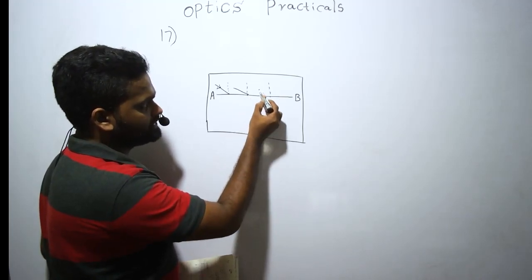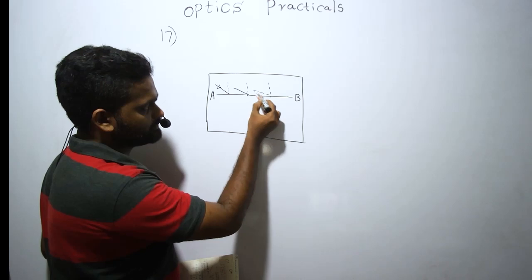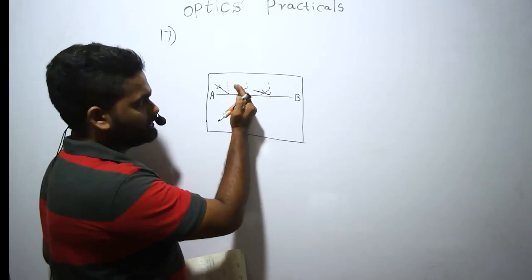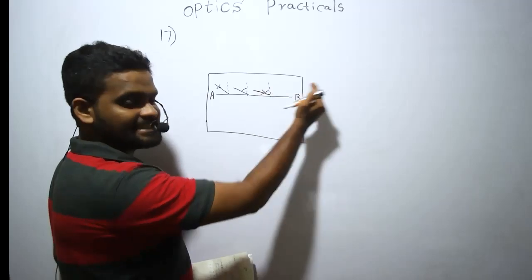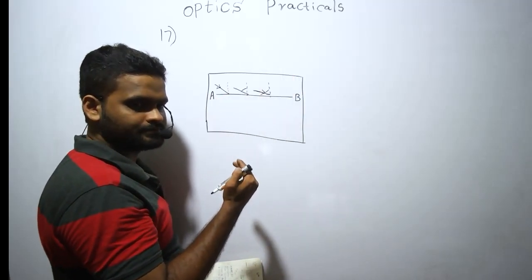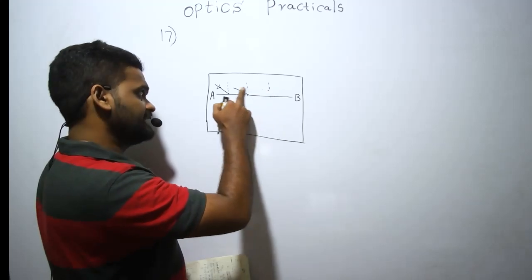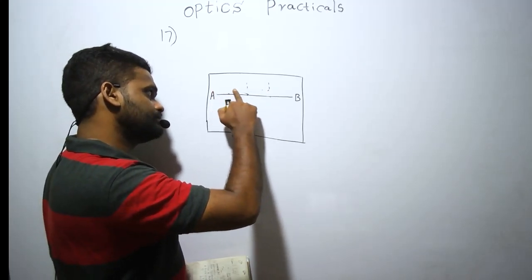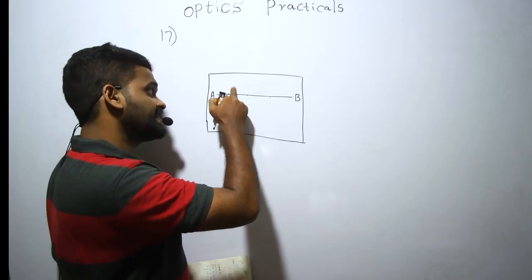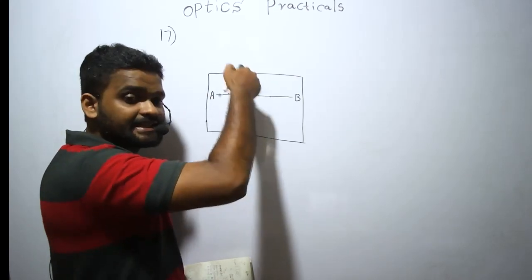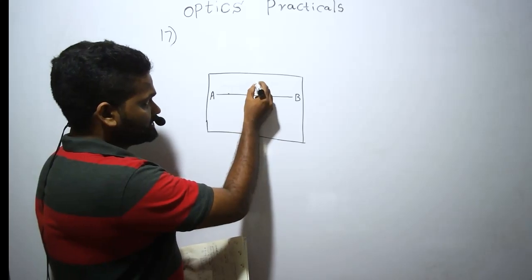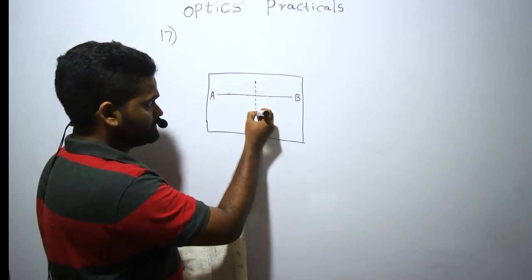You draw the normal, then draw 45 degrees. You just keep drawing these. For about 6 incident angles, you do the same thing. But here I'll explain how to do it for just one. As you are doing the experiment, you have to do this 6 times for different incident angles.